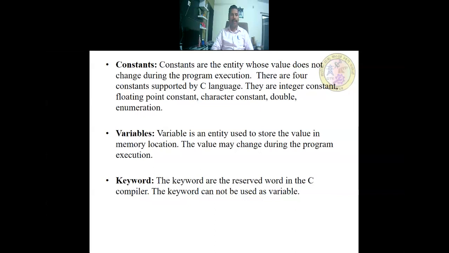And whenever we are going to use these variables in a program, we are supposed to declare them before using them in the program. So we should keep these things in mind. Keywords, we cannot use as a variable in the C programming language. So those things we are supposed to remember.